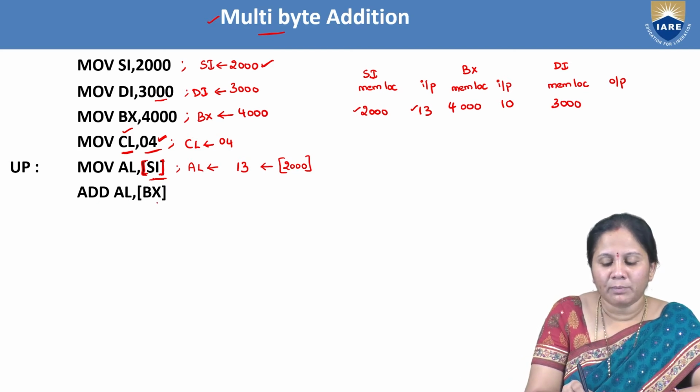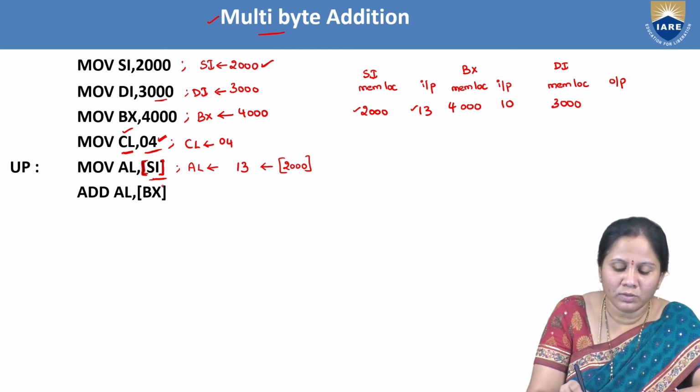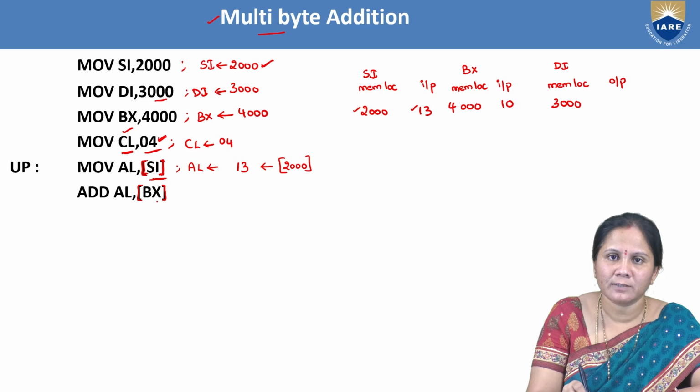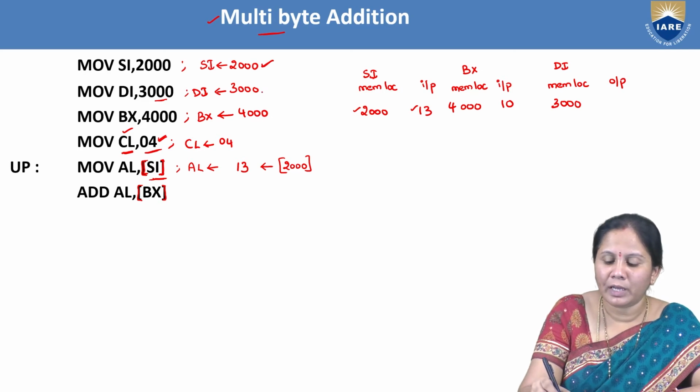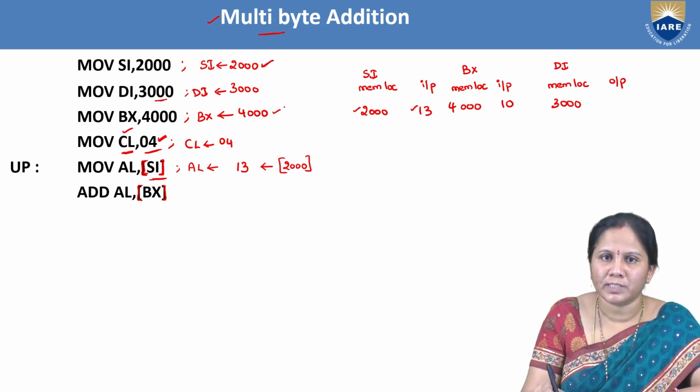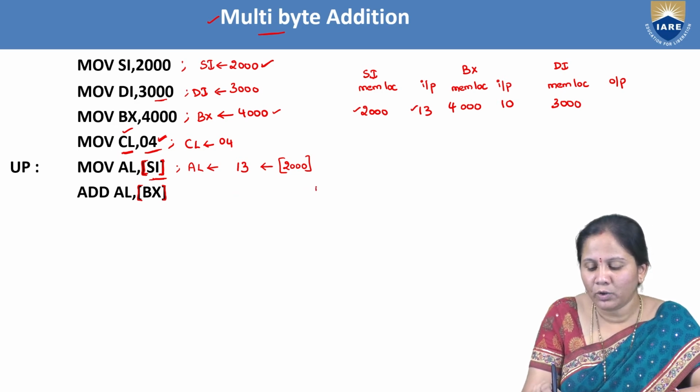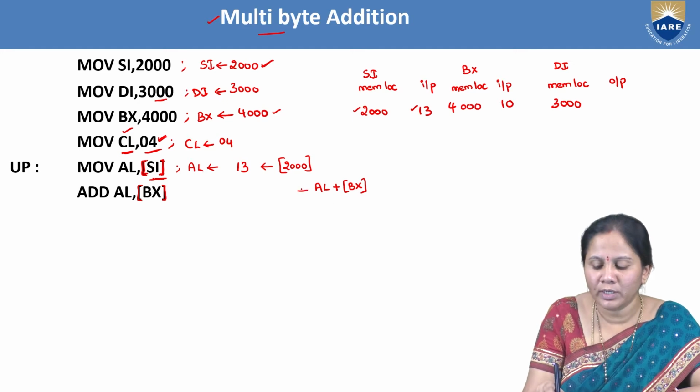Next, ADD AL, [BX]. Here also BX is kept in brackets. What it represents is: add the data present in AL along with the content present in BX. Up to now, the value of BX is 4000, so the content of AL will be added with the content of the BX location.